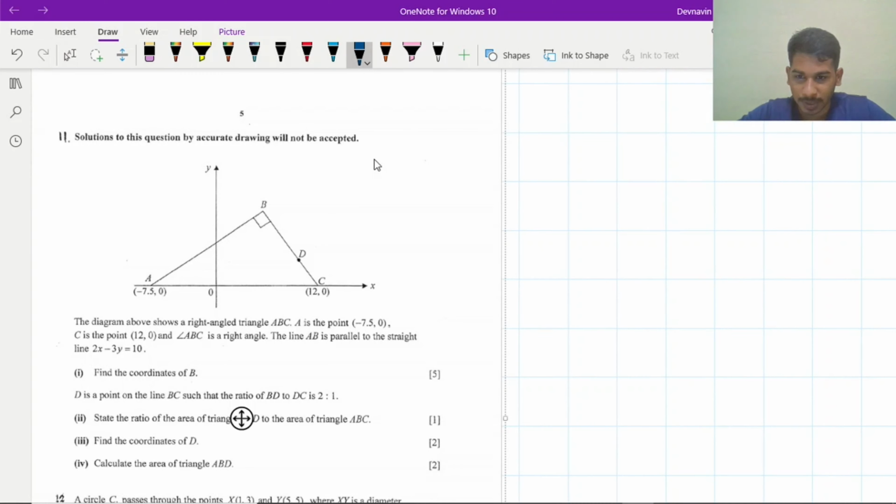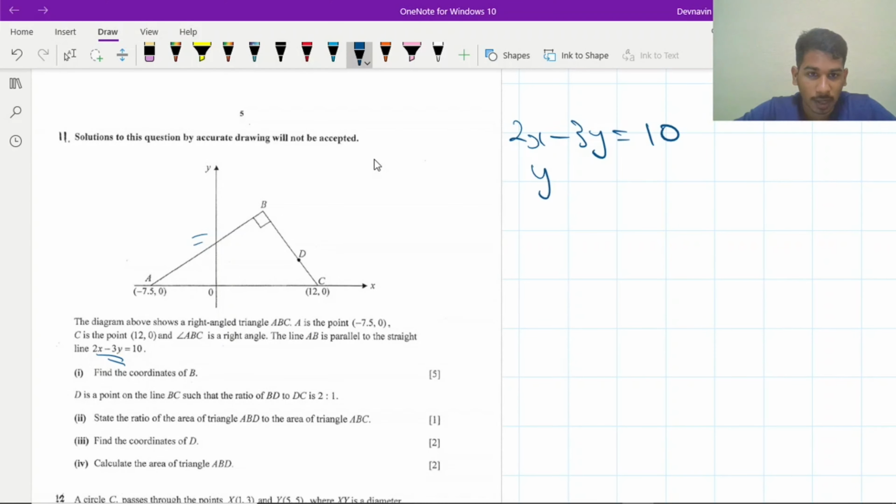We have an equation of this line that is parallel to this, so we have the same gradient as that. So it's going to be 2x minus 3y is equal to 10, then 3y is equal to 2x minus 10, y is equal to 2/3 of x minus 10 over 3.